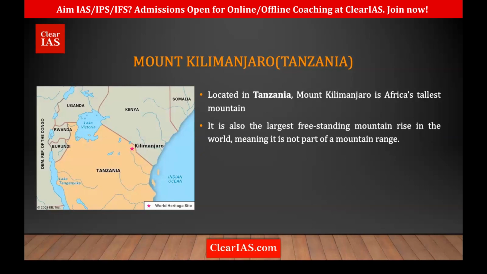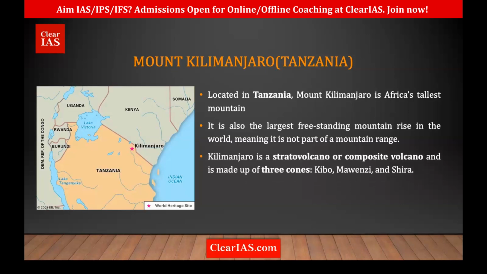What does that mean? If you talk about all the tallest peaks in the world, for example Mount Everest, it is part of the Himalayan ranges, right? So any mountain we speak about is part of some range. But Kilimanjaro stands alone. It is not part of any mountain range. That is why it is called the largest freestanding mountain.